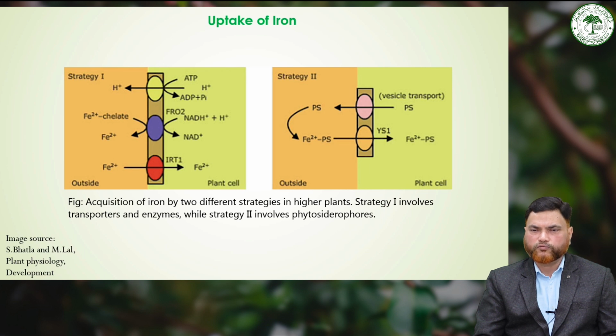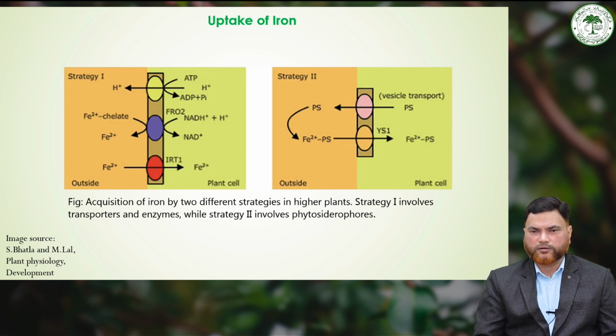These siderophores bind these ferric ions in the rhizosphere, making them accessible to the roots. This chelation based mechanism allows grasses to efficiently utilize iron from iron deficient soils.